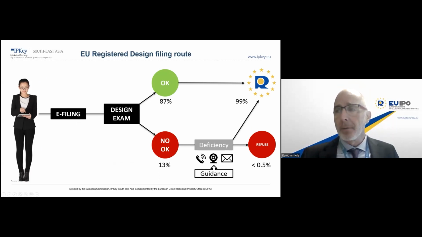In this case, for handling deficiencies, we will either call the applicant, we may send correspondence via letter, or indeed today we also have video calls. The purpose of this contact, of course, is to overcome the deficiency raised.